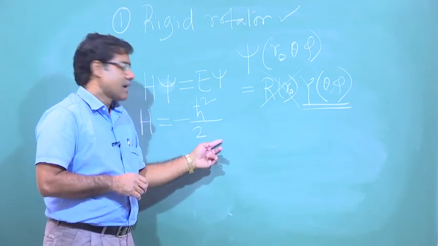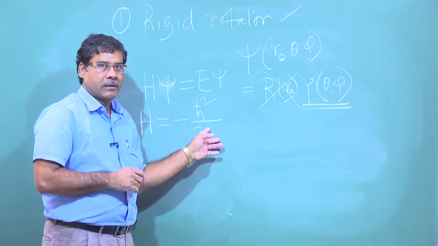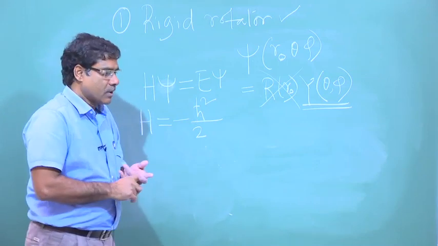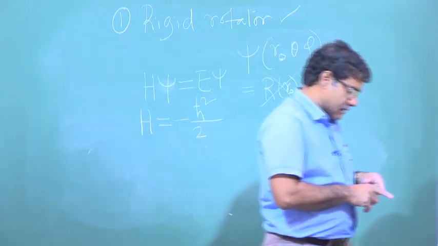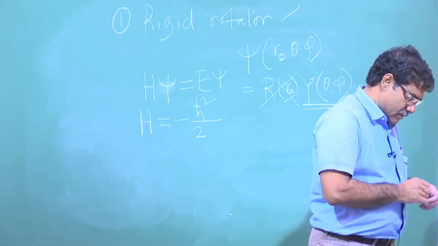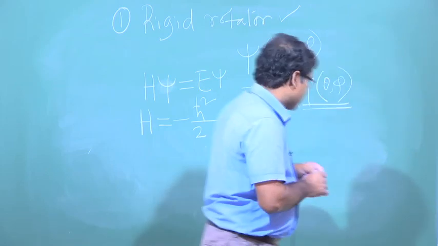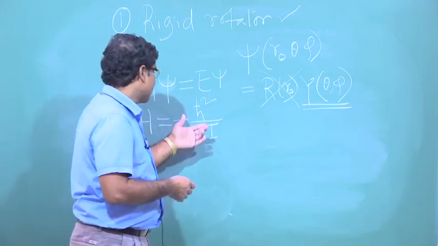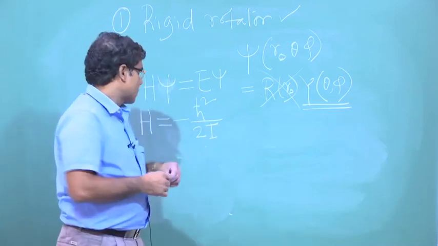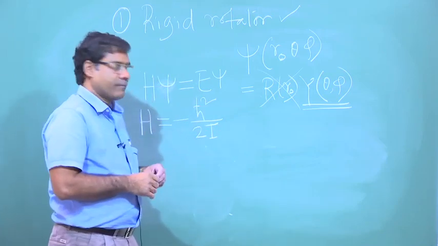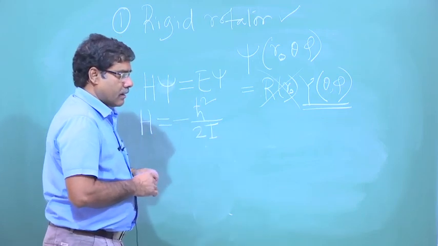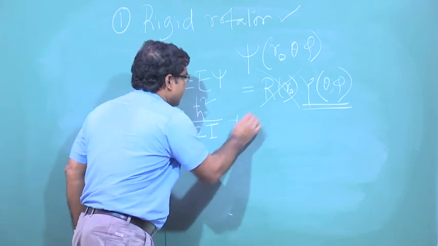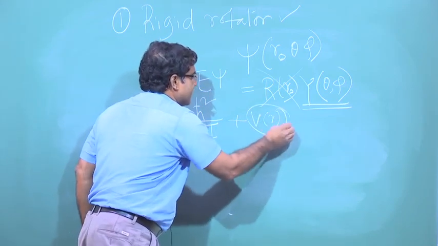Now, here I will not write 2m, because I have already told you that in rotation mass is not important; what is important is I. So, wherever mass would be there I replace it by I: h cross squared by 2I. That will be our Hamiltonian, plus your V(r) term, which is basically 0.